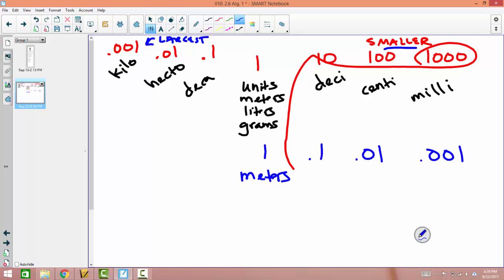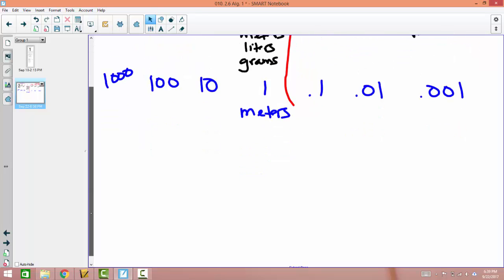So a decameter is 10 times a meter, a hectometer is 100 times a meter, and a kilometer is 1,000 times a meter. Okay, so I'm going to give you a conversion to do.